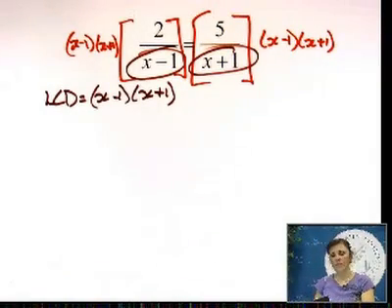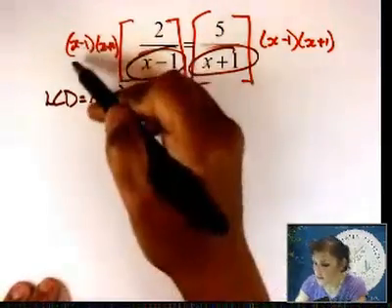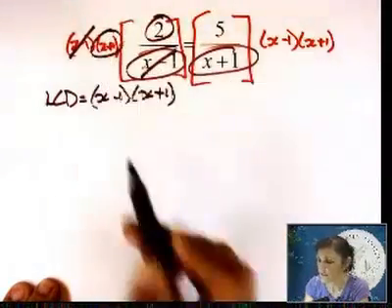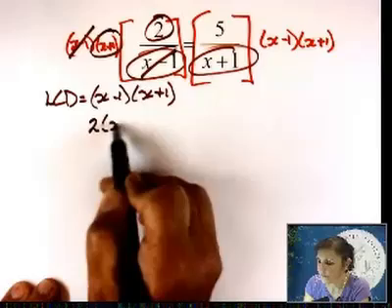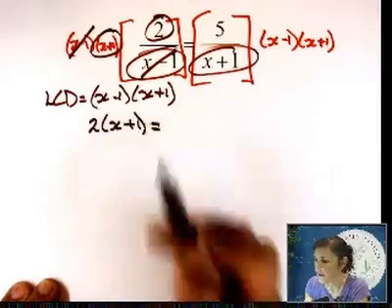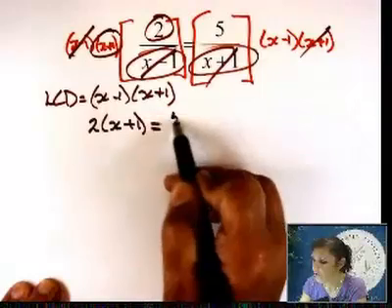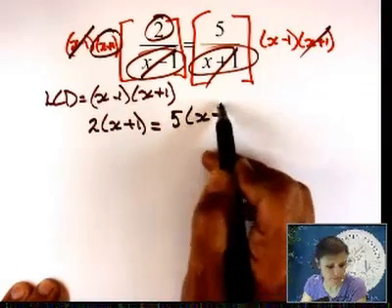Let's try to do this a little faster. X minus 1s will go. You're going to have a 2 and an x plus 1. Now, in this case, x plus 1s will go. You're going to have a 5 and an x minus 1.